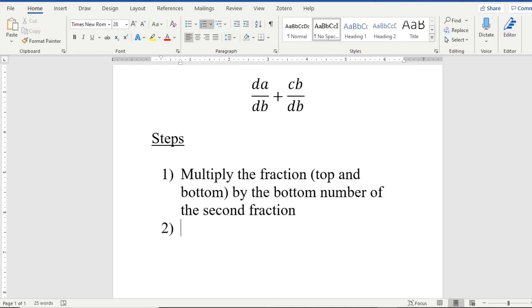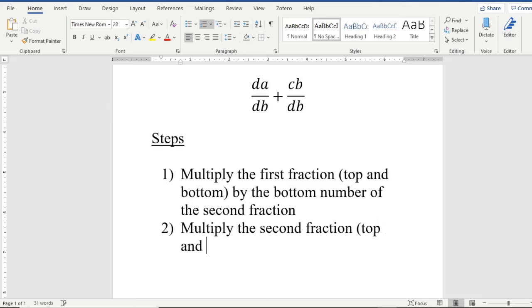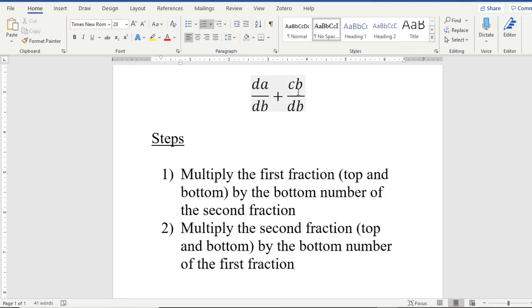Okay, second one, same thing, just on the second fraction now. So we're going to multiply the second fraction, top and bottom, by the bottom number of this first fraction. That's what we did here.